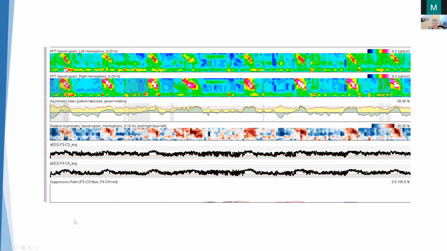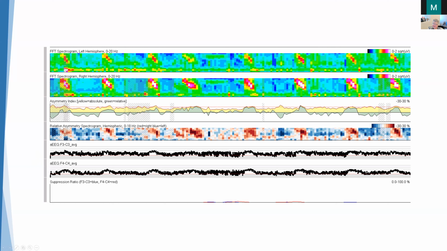And here's just an example of this trend in use for seizure detection. We can see that there's an increase in power over the right hemisphere compared to the left in the color spectrogram. And this shows up in the relative asymmetry spectrogram as red over that same time period.